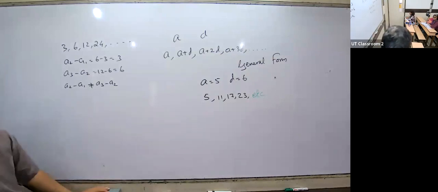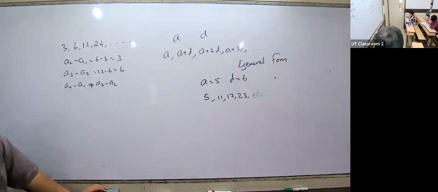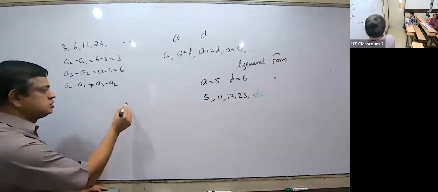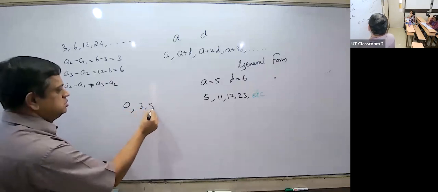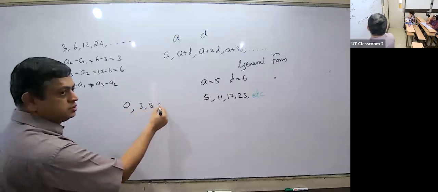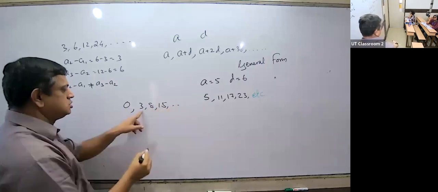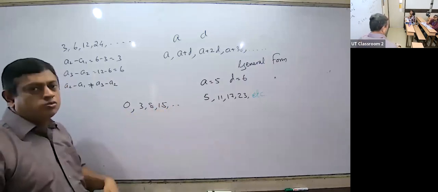Then the next sequence: 0, 3, 8, 16. Is it an AP? Tell me the sequence. Check: what is 3 minus 0?